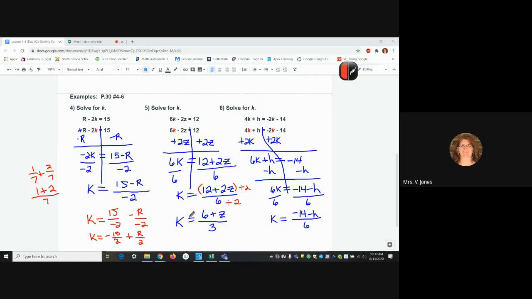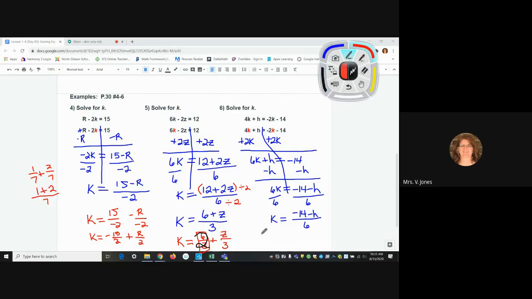The reason you might want to do that is when you're looking at this over here, if we separated those, we'd have 6 over 3 plus z over 3. And if you look at this 6 over 3 right here, this becomes 2. 6 divided by 3 is just 2. So you'd have 2 plus z over 3.